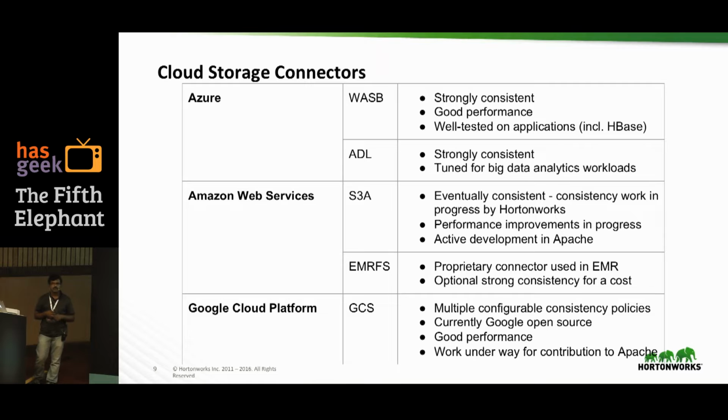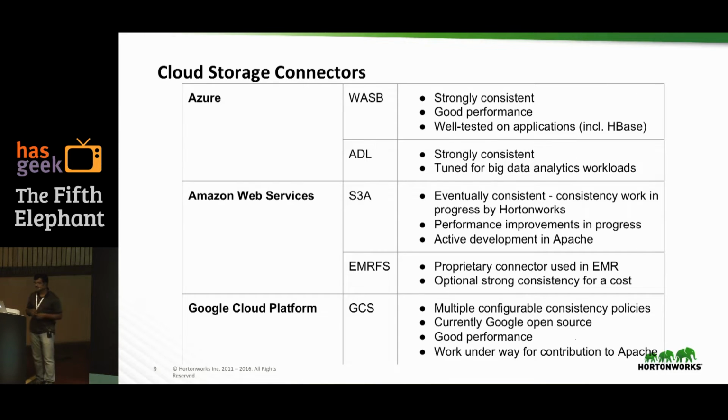Similarly, ADL is Microsoft's Azure Data Lake, which offers strong consistency and is tuned for big data analytical workloads. S3A is from Amazon and offers an eventual consistency model. Hortonworks has an external Jira open for making it an optional consistency model, and a lot of performance improvements are in place, and it's very actively developed in the Apache world.